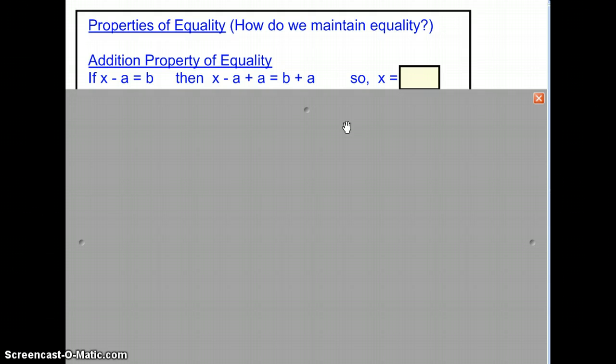And now when we look at this, x minus a plus a, we actually have opposites, or inverses here. What do we have left if we have x minus a plus a? On the left side, Bailey, what do we have left? x, she's saying x, right? Equals what? What's on the right?